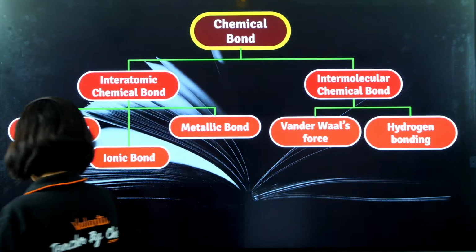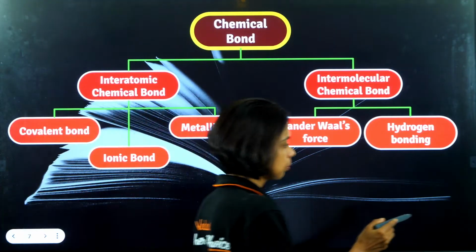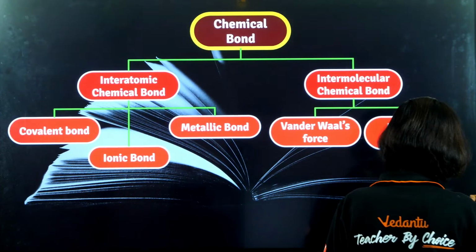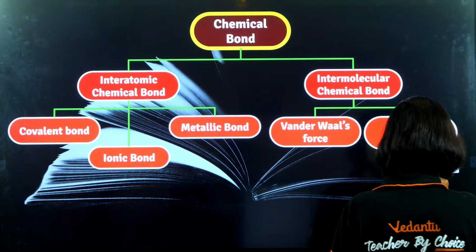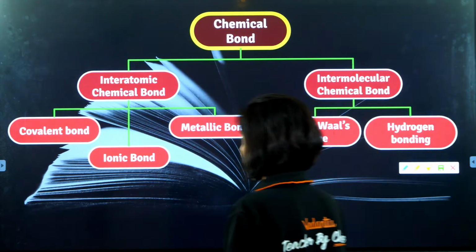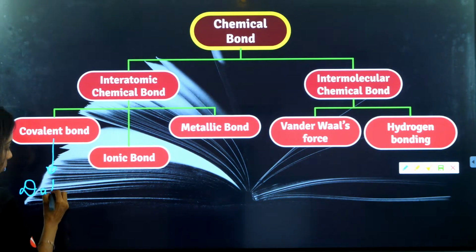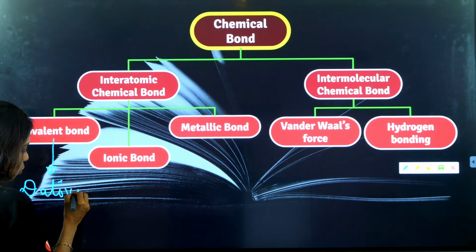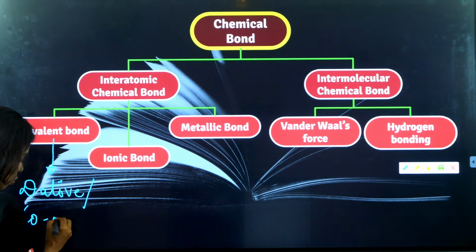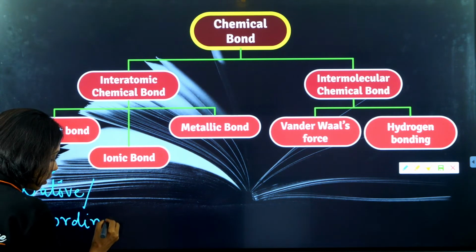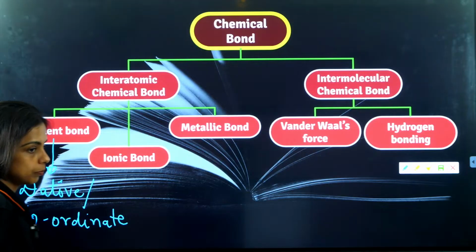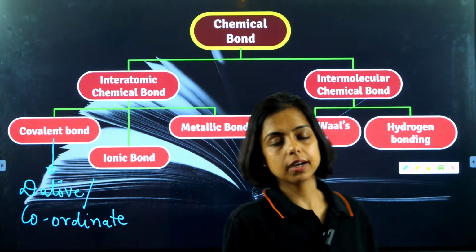And there is a special type of covalent bond, also known as the dative bond or coordinate bond. So these are the interatomic bonds that you should study.